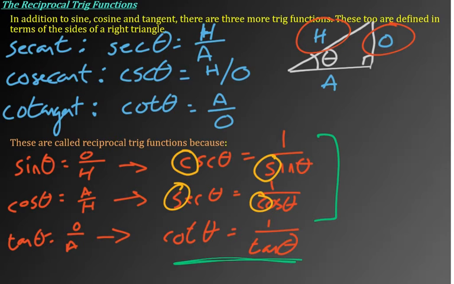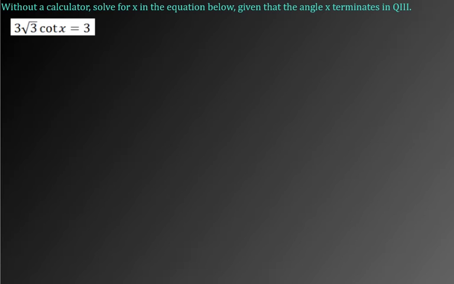For the homework for this video, we will be doing stuff kind of like this. Without getting into inverse functions and things like that, given this and without a calculator, we can just use what we know about the unit circle and find what x is, given that x terminates in quadrant 3, okay?